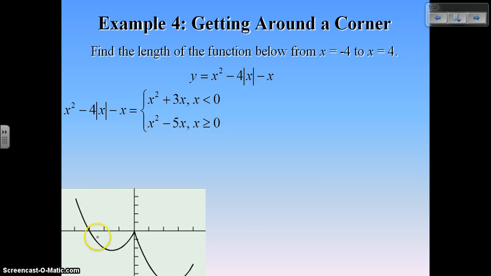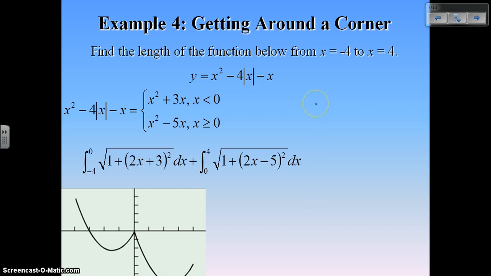But you see here we have this parabola to the left, represented by x squared plus 3x. We have this parabola here on the right, represented by x squared minus 5x, and we're going -4 to 4. This is how we get around a corner point. We break it up into subsections, and we find the integral of each subsection.